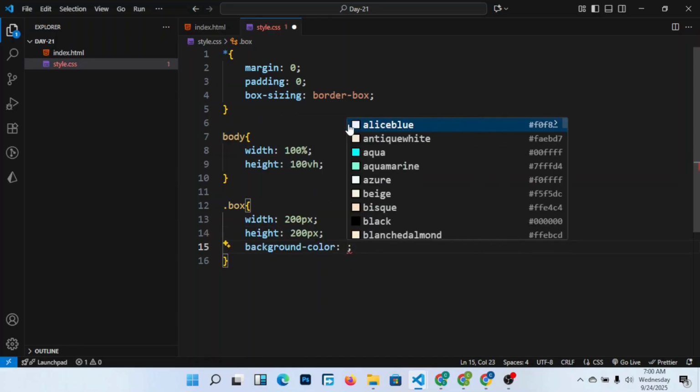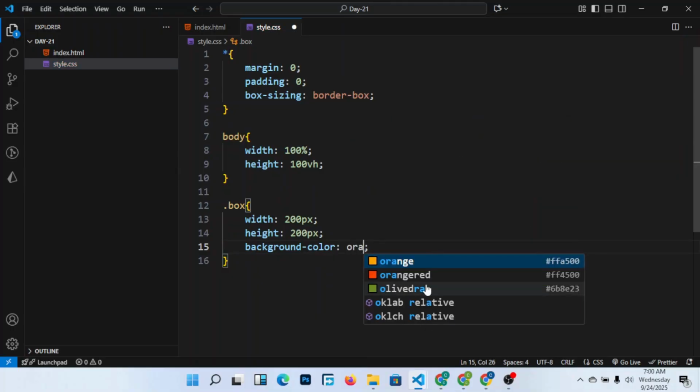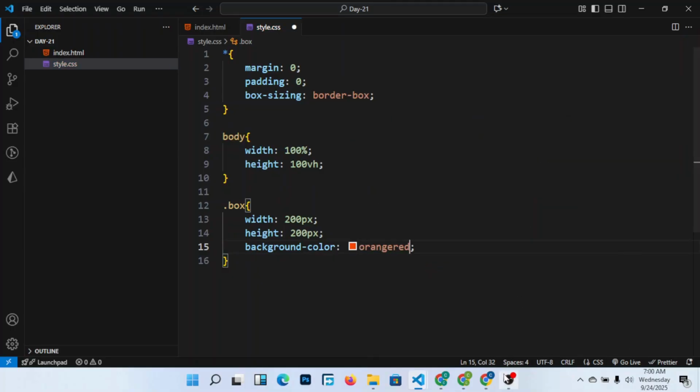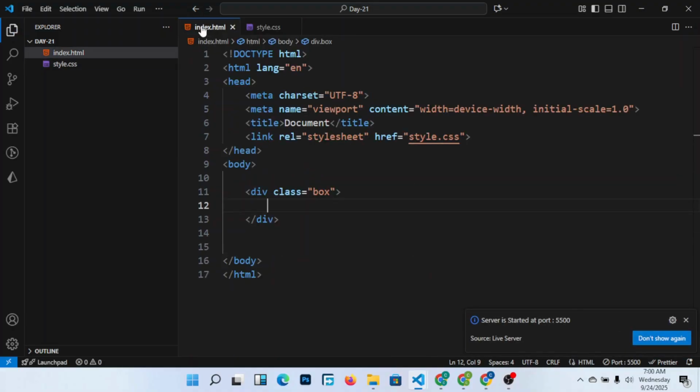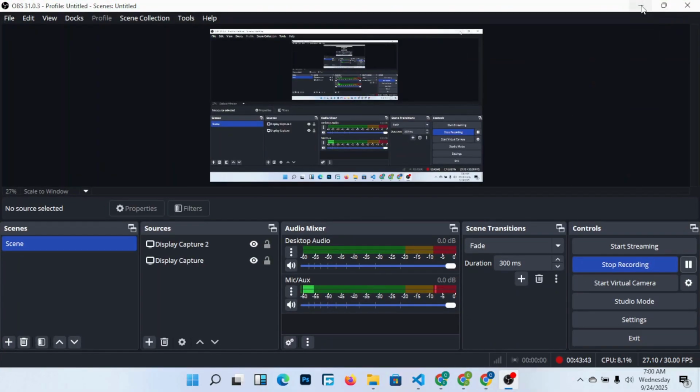I give it, for example, orange red. So I say go live, and we see what we have. Okay, it's there. Now I'll put it in the center and I see how it looks like.